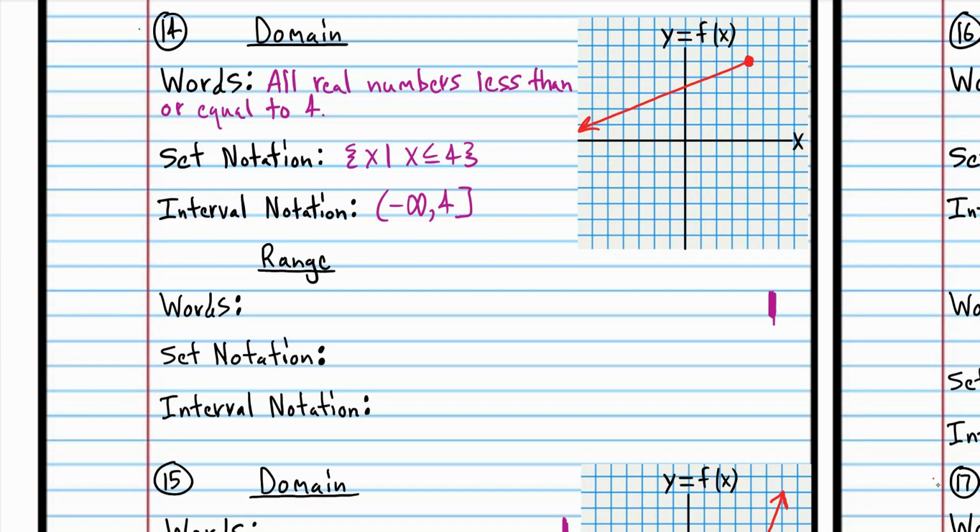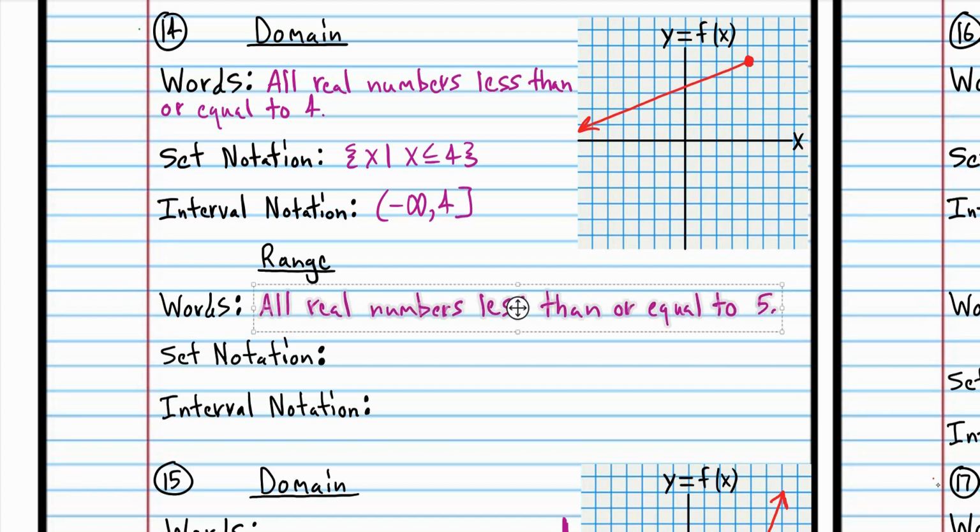Okay, the range is all real numbers less than or equal to 5. Because the biggest y value is the y value of this point here, which is 5. And all the y values of the points down here are less than 5.